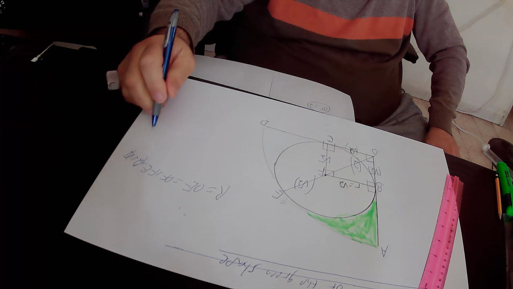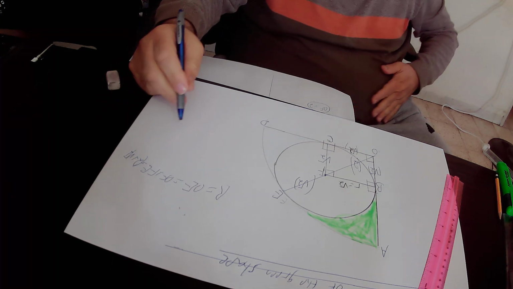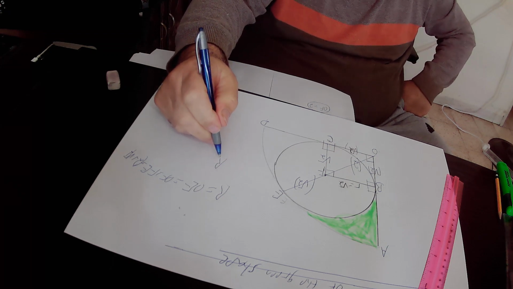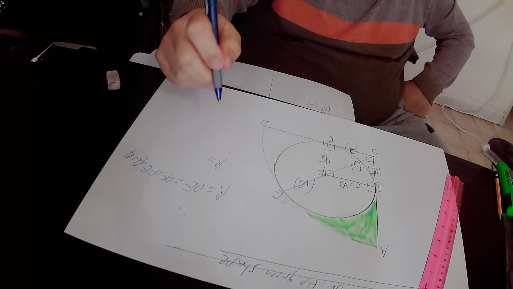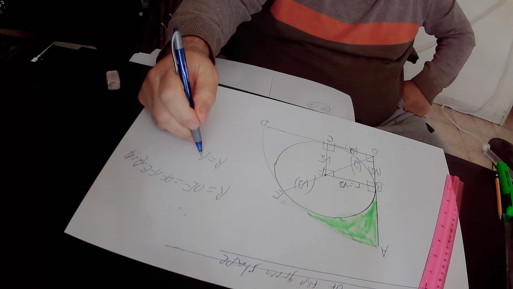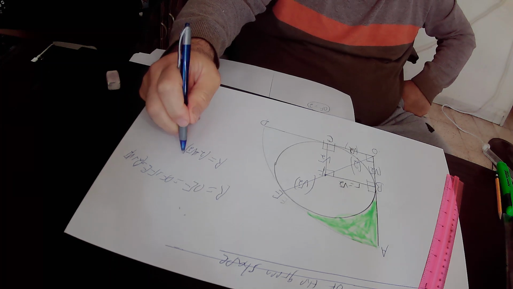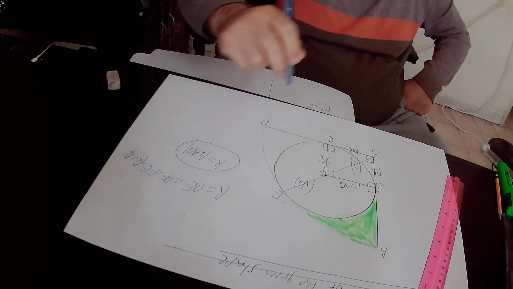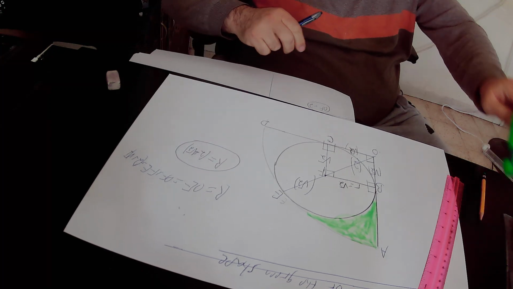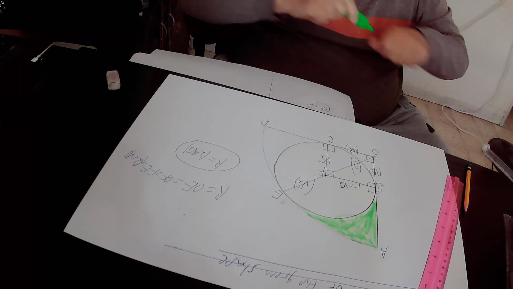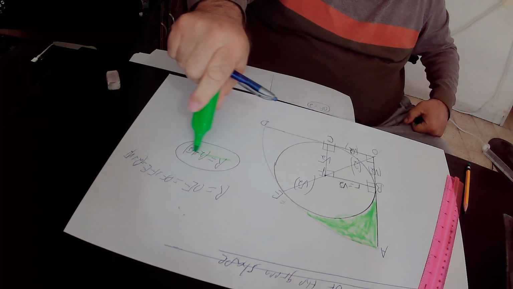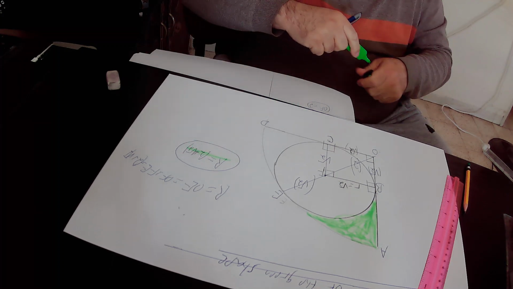So in conclusion, we found out that capital R, the radius of the big circle, equals 2 plus square root of 2 units in its length.